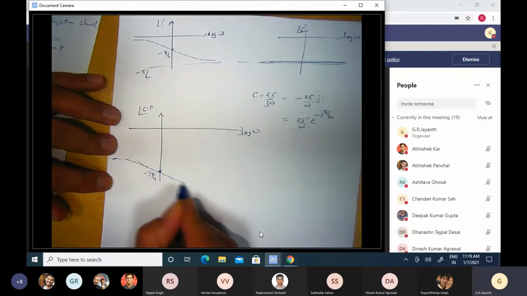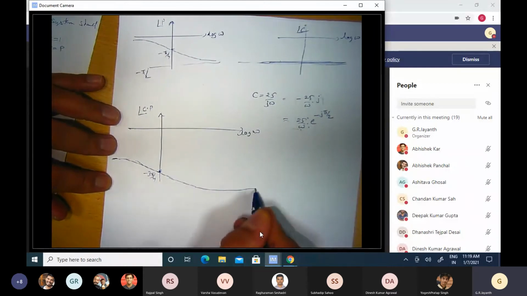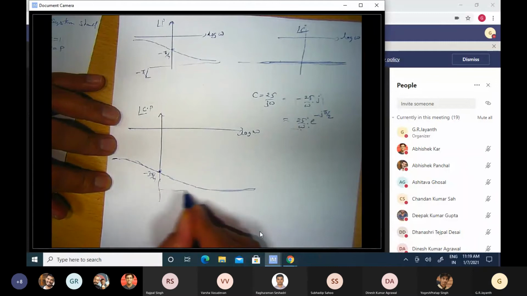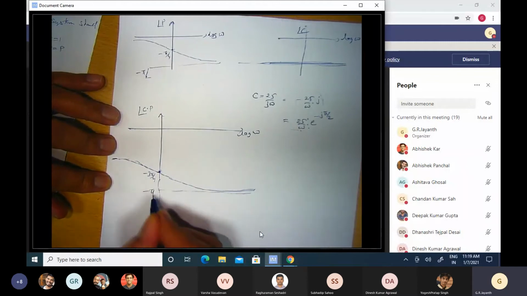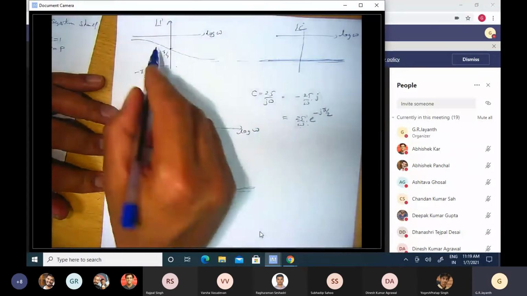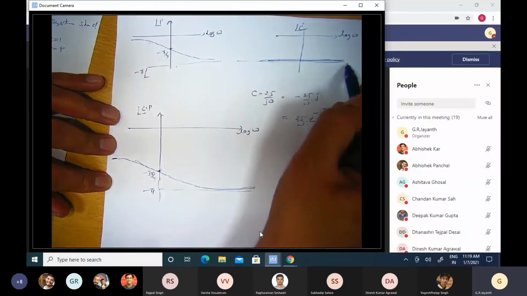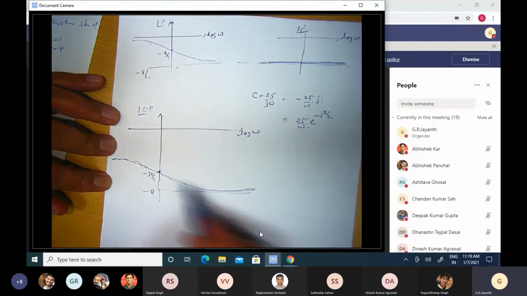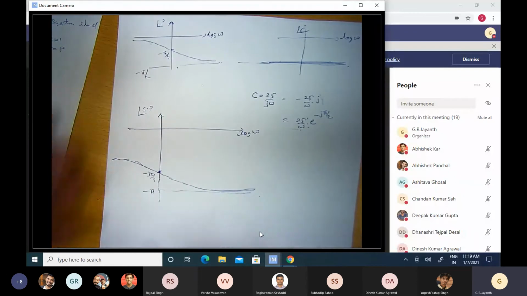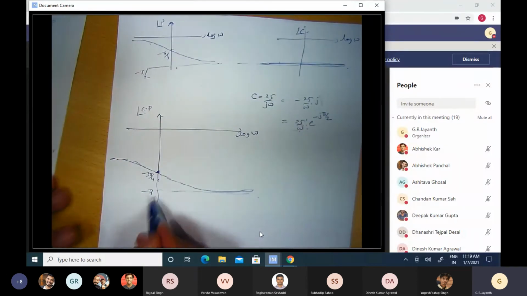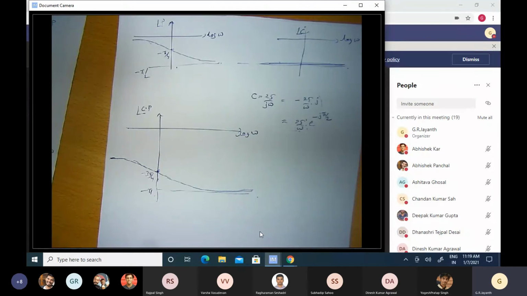Then it asymptotically approaches minus pi, because at very large omega, the phase of the plant goes to minus pi by 2, and the controller is always minus pi by 2. So when I add the two, the phase approaches minus pi by 2 plus minus pi by 2, which is minus pi. This is how the phase plot of the open loop system looks. Any questions about this?